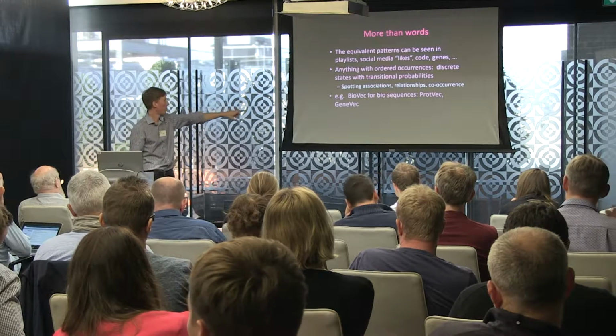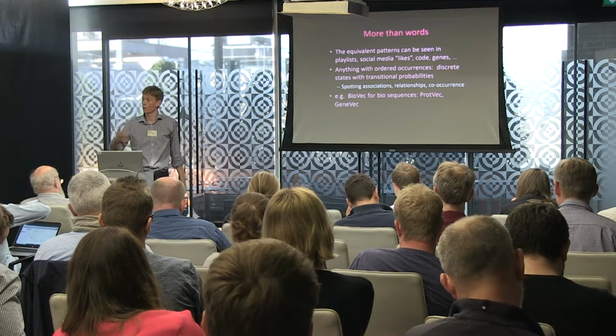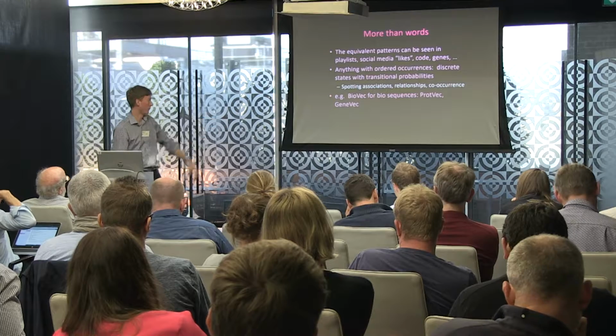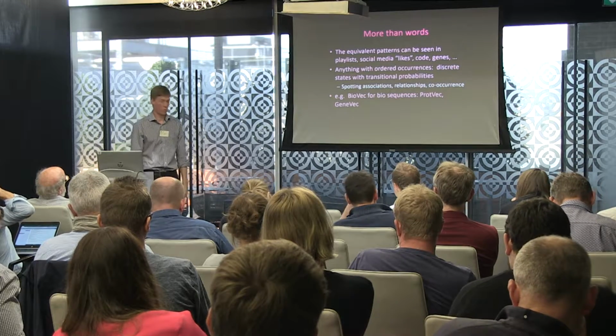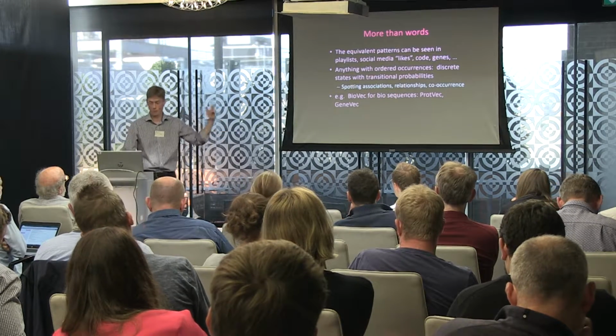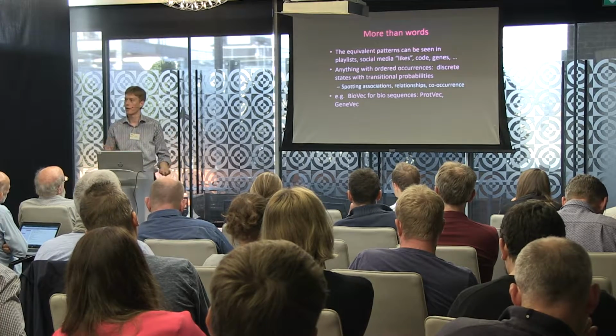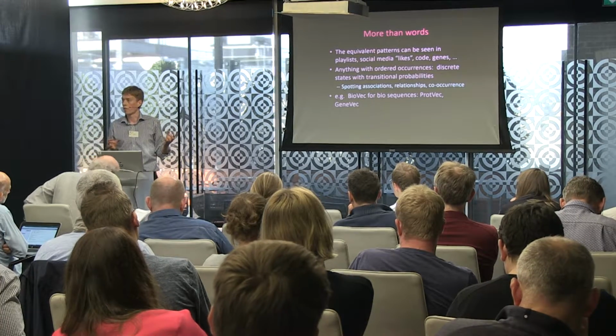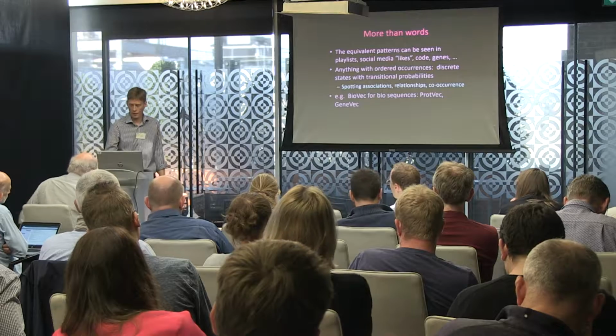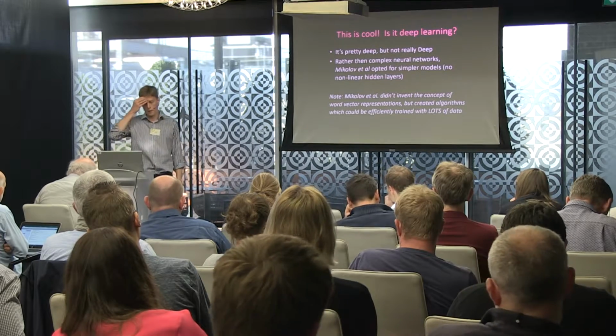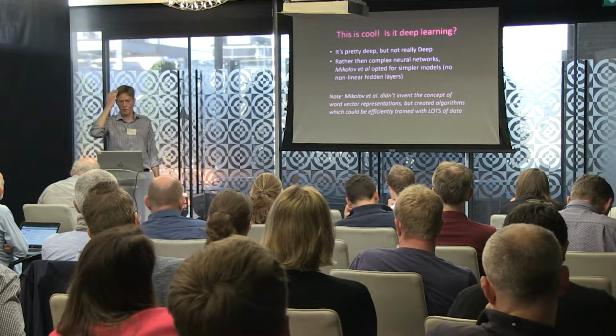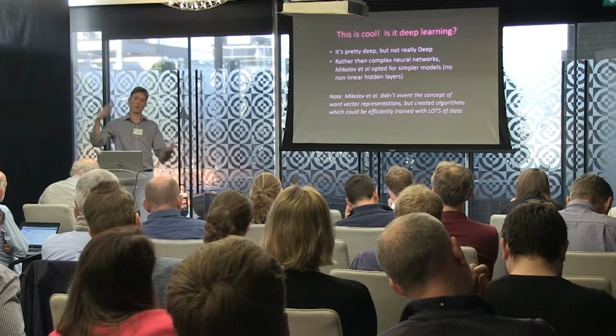And so there are lots of other vec things spinning up. So these are all our Python packages. So biological sequence, protein, gene, and so on. You can see the application can go wider than just words. Just to clarify, it might be conceptually deep, but this is not deep learning.